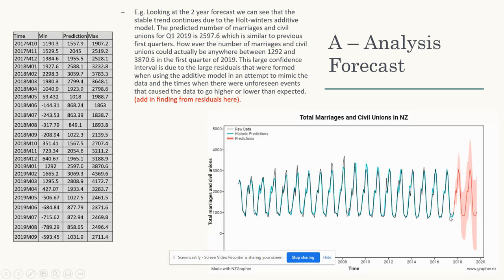So if you see down here, we can see levels of residuals that have not been accounted for, and it increases the boundary at those points in our forecast cycles.